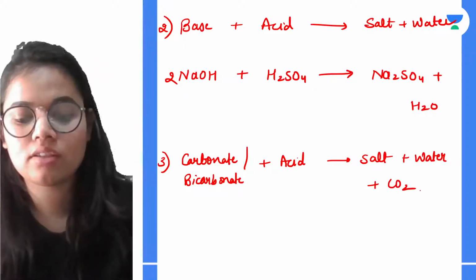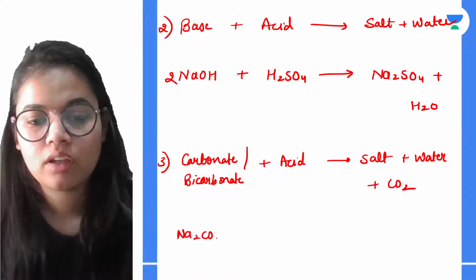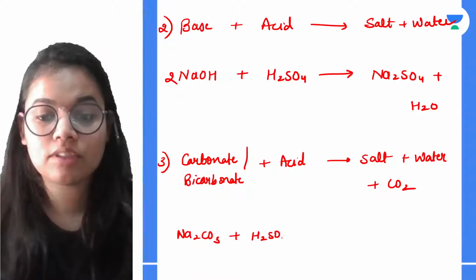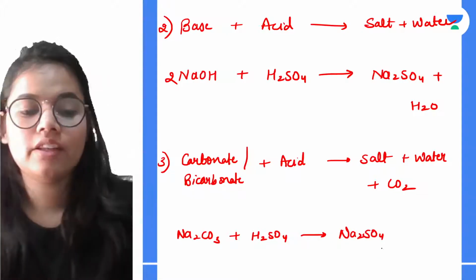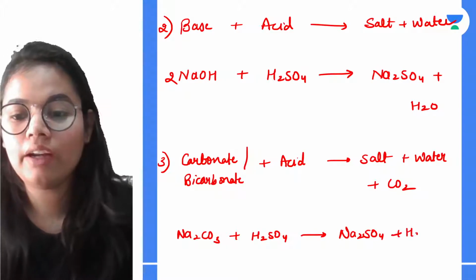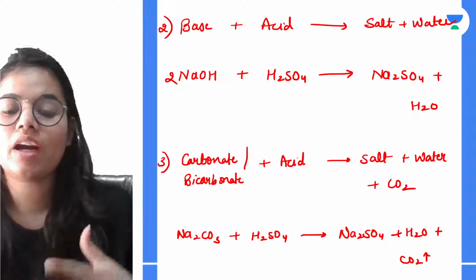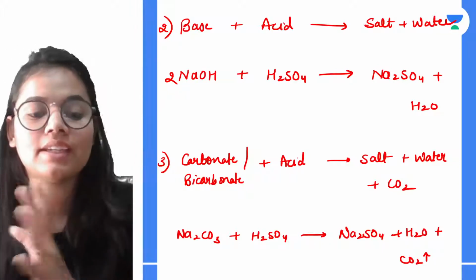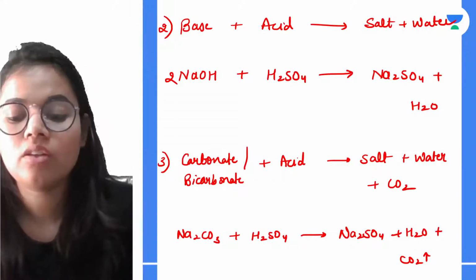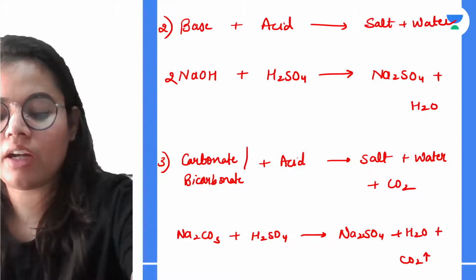For example, if I make sodium carbonate react with sulfuric acid, I will be getting salt, that is Na2SO4, water, and carbon dioxide gas will be evolved. So in the case of carbonate and bicarbonate, the carbon dioxide gas is evolved. If it is just a base, we will just get salt and water, which makes up the neutralization reaction. I hope that things up till here are very much clear to you. Moving on to the next.